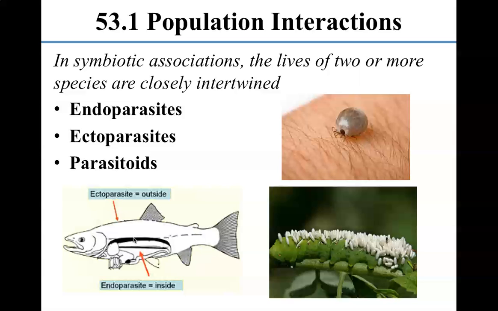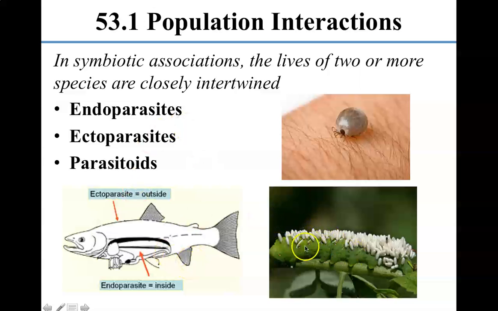Another category is parasitoids. Parasitoids are kind of like a predator-parasite hybrid. In a predator, you eat and consume and kill your prey. If you're a parasite, you don't eat your prey, you just steal resources from them. A parasitoid does both. For example, there are parasitoid wasps that lay eggs on caterpillars.